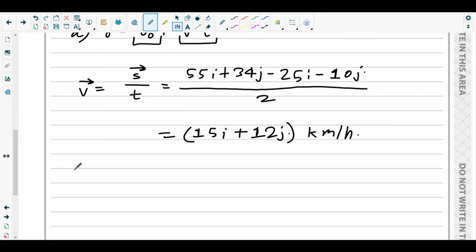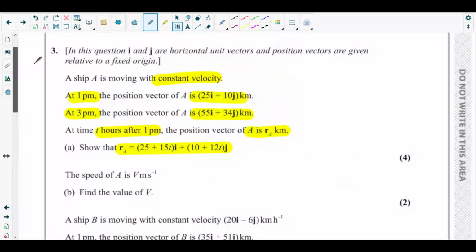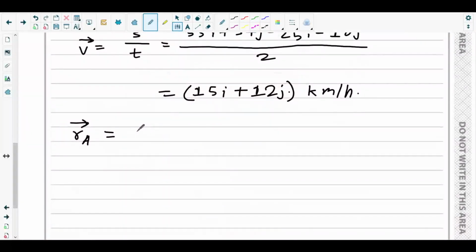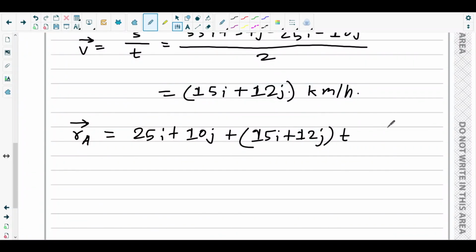Now we need to find the position vector, R_A. R naught, the initial position vector of ship A, was 25I plus 10J, plus the velocity 15I plus 12J times t. That much in kilometers, since it's position.